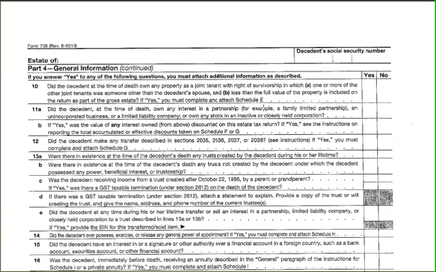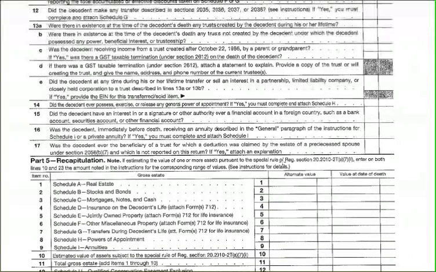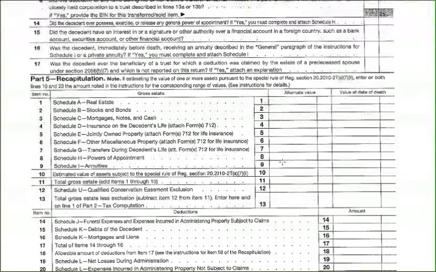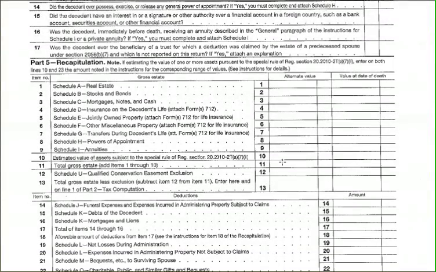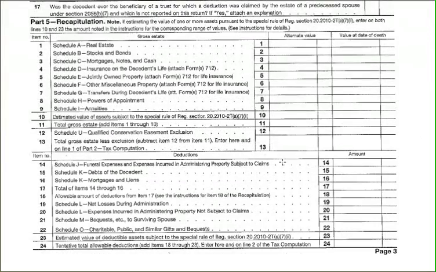There are questions of that nature on a number of other schedules as well, so they're not limited to just those first 4 pages. Again, if we start on page 3 and scroll down to the section that says Part 5, you have the recapitulation, and you'll find that a lot of the items listed here are the items that we've been talking about during the semester.